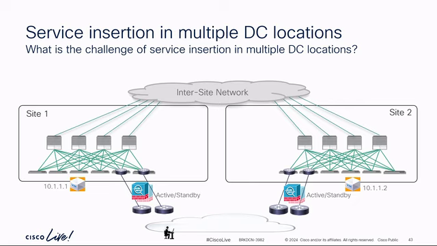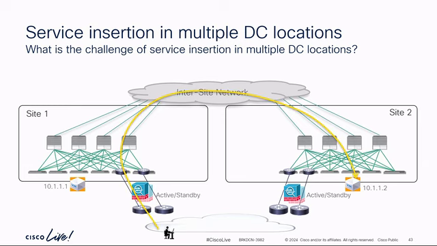So let's say you have some site 1, site 2 stretching a subnet, and then you have 10.1.1.1 in site 1, 10.1.1.2 in site 2. A typical mistake we make is putting an independent active standby device as a perimeter firewall.